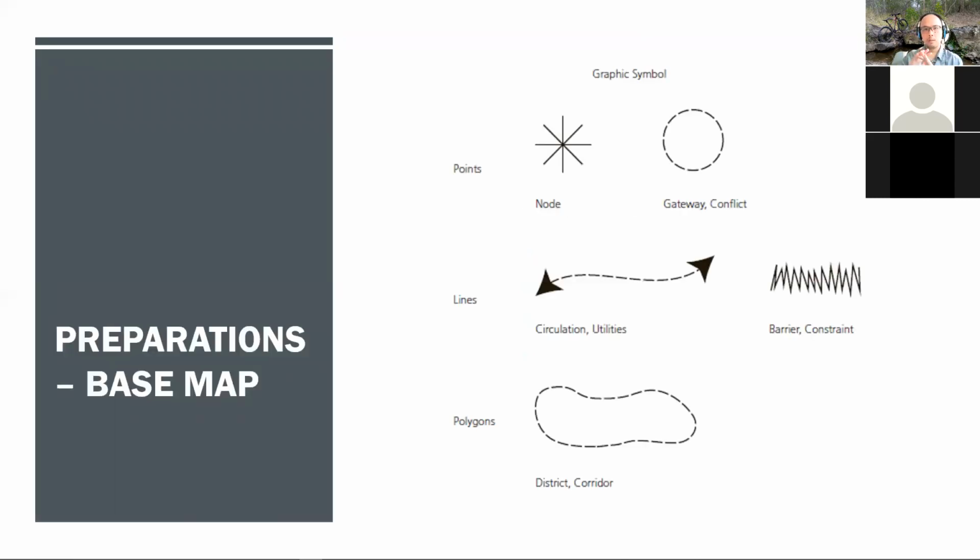And on the base map, you can use graphical symbols to convey information about existing site conditions and proposed conceptual design.